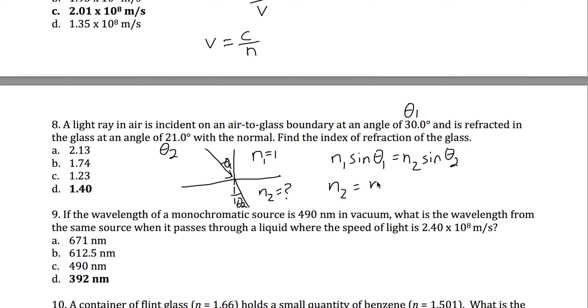We will get n1 sine of theta 1 divided by sine of theta 2. Plug in the numbers and you'll get 1.4.